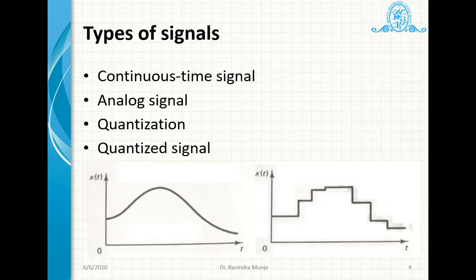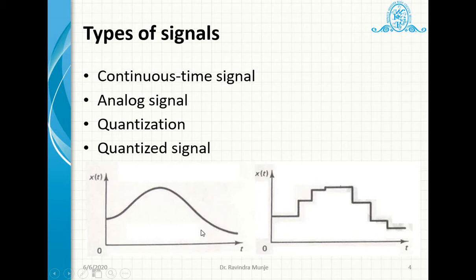Now, types of signals. Initially we will talk about continuous time signals. The first signal you can see here is a continuous time analog signal, and this second signal is a continuous time quantized signal.